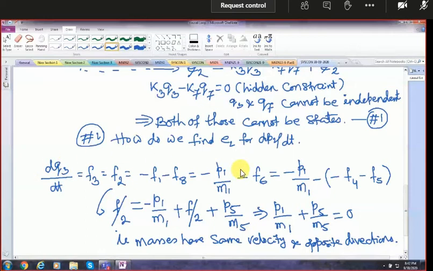So we have a constant, another hidden constant. They won't have opposite directions anymore, right? No, we cannot, because it is incompressible. You will have the same direction now. Same means actually our coordinate system has changed. If this moves this way, this one will come down.